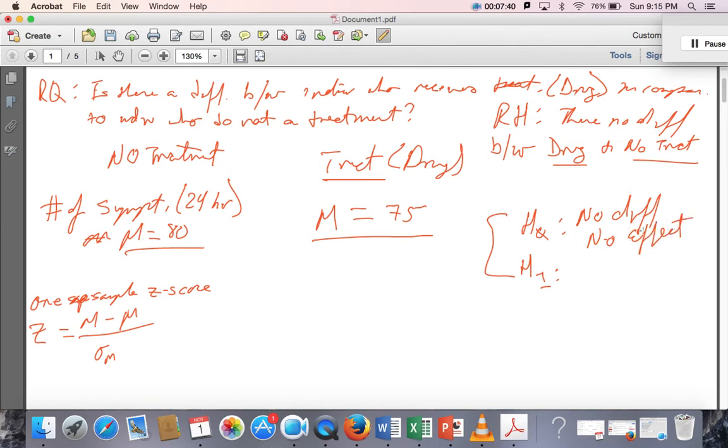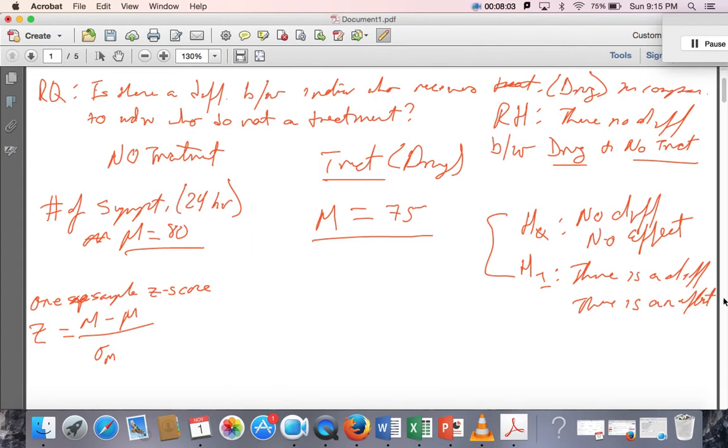The other possibility that may exist out there in the real world is that the groups may differ, or that there is going to be a difference, or that there is an effect. That's the alternative. So there is a difference, or there is an effect. Okay, so those are my two possibilities, and these are the only possibilities that may exist out there in the real world.